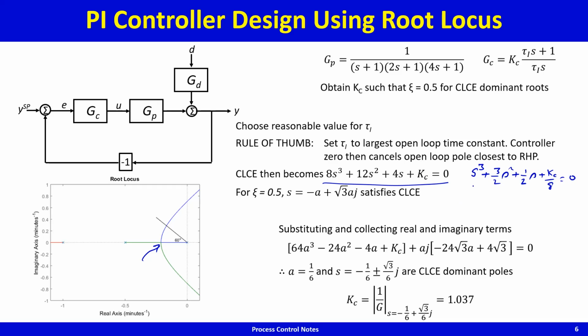For this characteristic equation, we want roots of this kind, (s plus a) whole square times (s plus b), because at a break point you get repeated roots. This must be equal to 0.